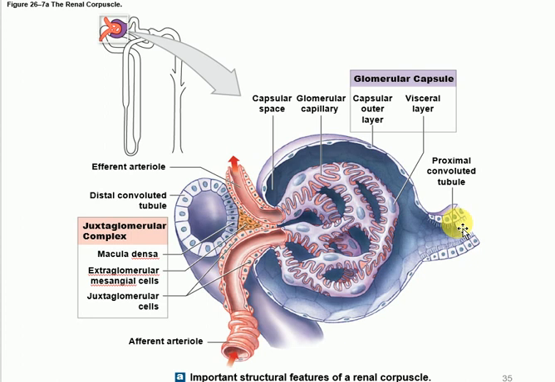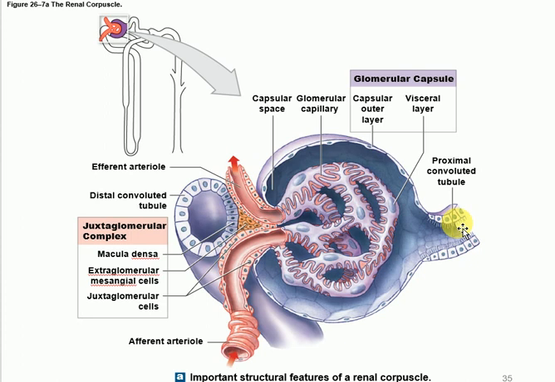Are we following? Macula densa are modified cells of the distal. Juxtaglomerular cells are modified cells of the afferent. Is that clear? The two components of the apparatus. One of them has the same name, juxtaglomerular apparatus.